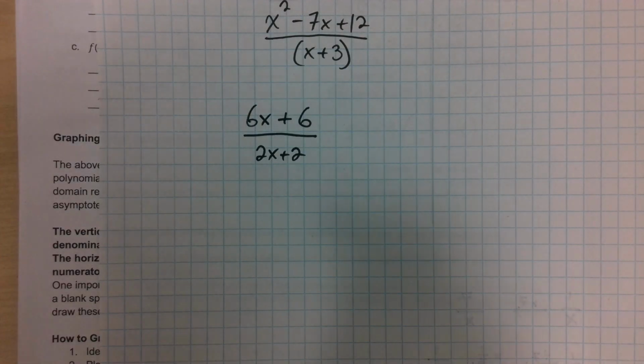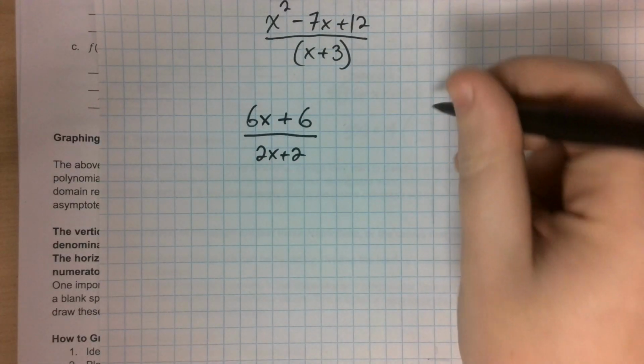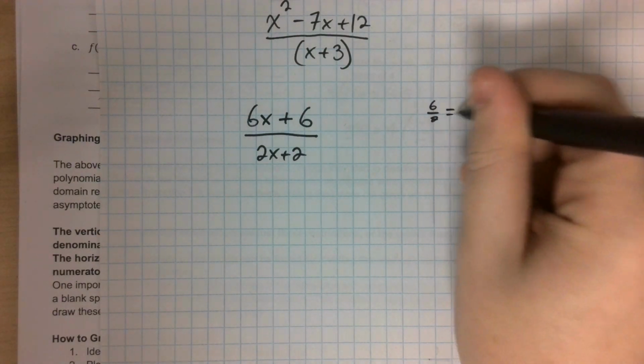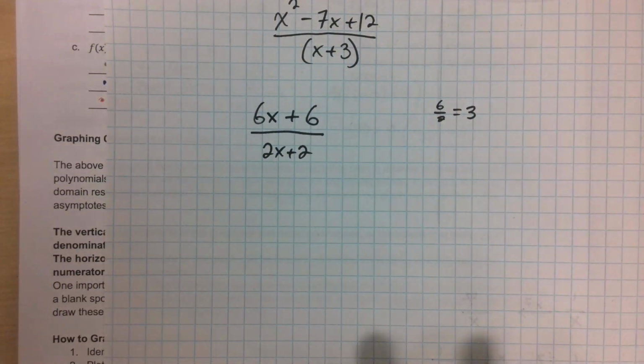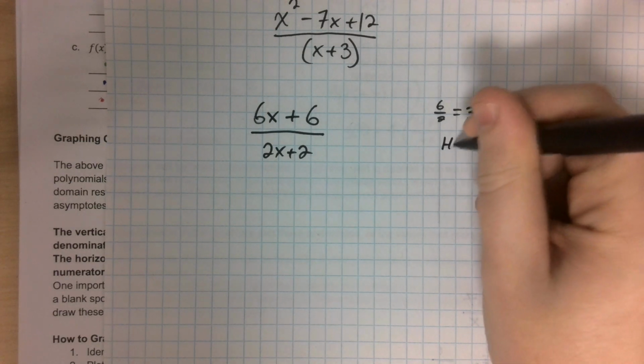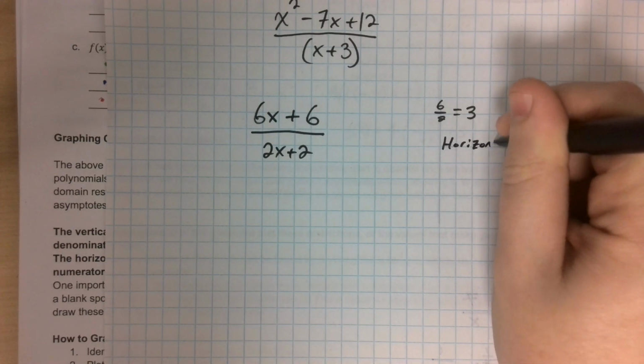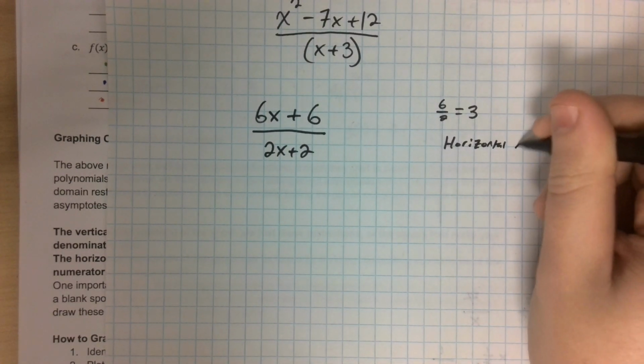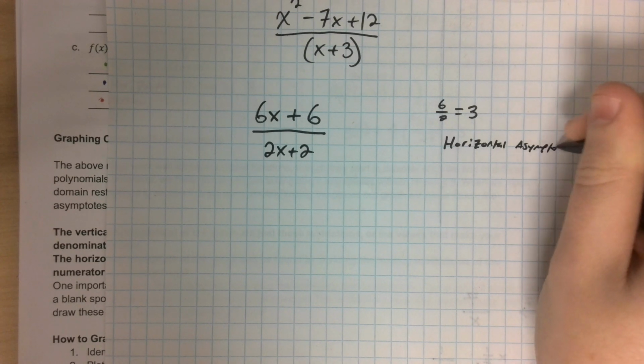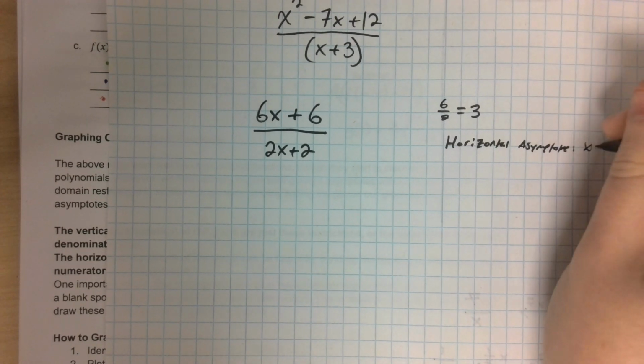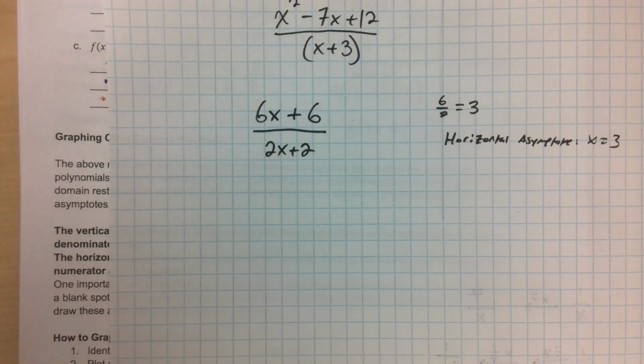We can see what the leading coefficients are. It's 6 and 2. 6 divided by 2 is 3. So we know that our horizontal asymptote, the place where we're not allowed to cross horizontally, is going to be x equals 3.